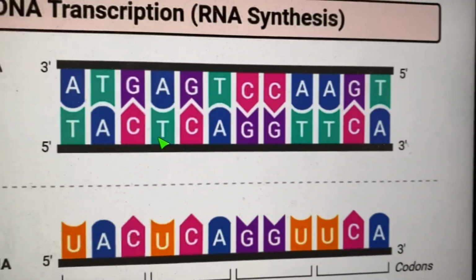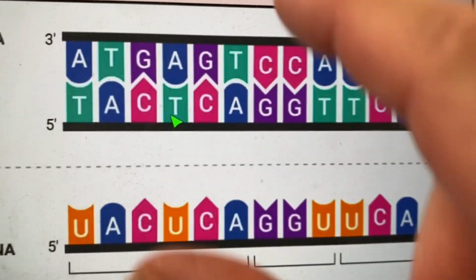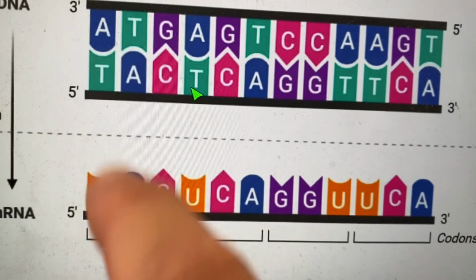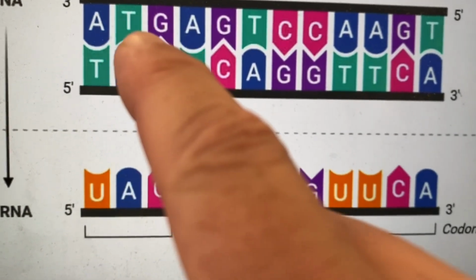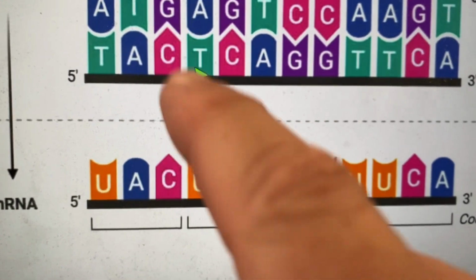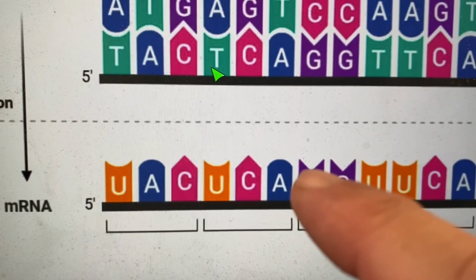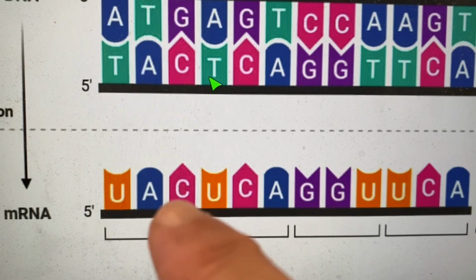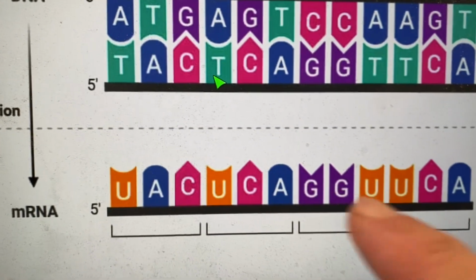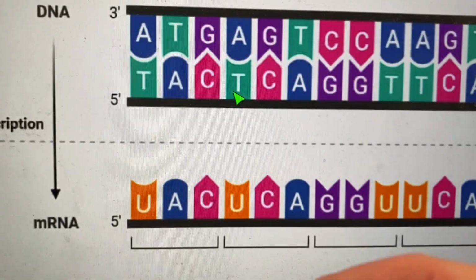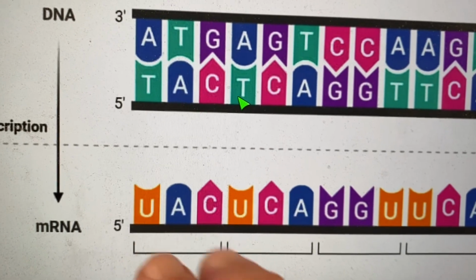Here's the section of DNA, split in half, and then you match A with U, T with A, G with C, C with G. Now this is the mRNA strand. Each group of three letters, as we've talked before, is called a codon.